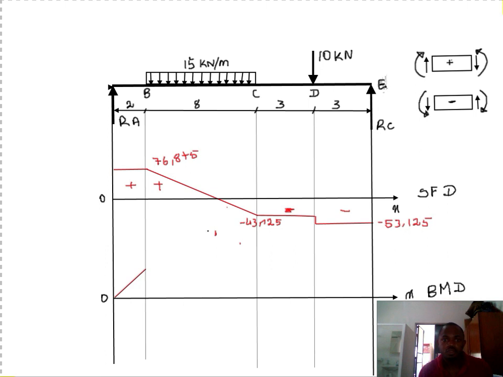So for now, let's draw this bending moment. It won't be that smooth, but I will try my best to get something nice. This is how it looks like.